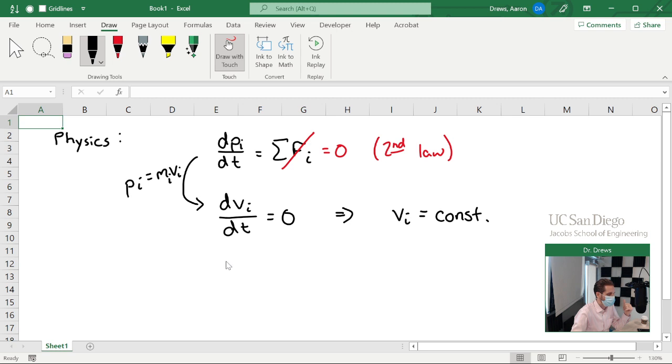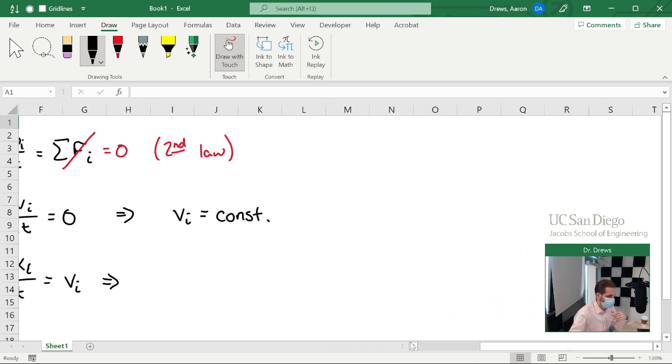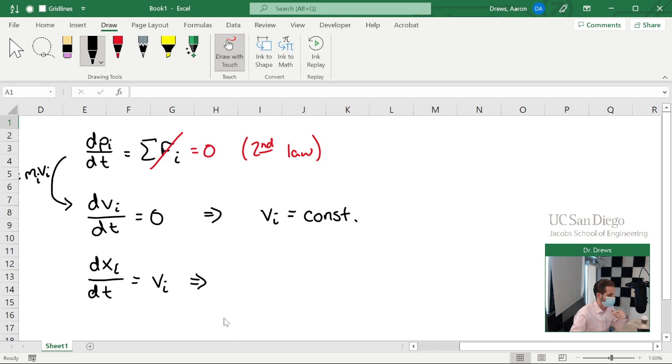And then the position comes from a definition of velocity, which is the time rate of change of position. So this is equal to v sub i. And then if you were to integrate that, you get the working equation, the one that we're going to use a lot in our simulations, is that x, what we call x sub i in the notation that we just saw in the paper a minute ago, is equal to x of i minus 1 plus v i times what I'm going to call delta t.